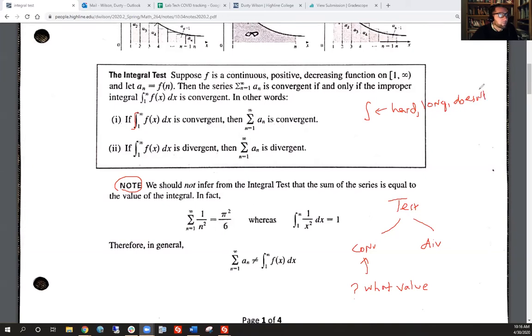And so I would say that this test is weak because it's dependent upon something that's hard, long, and doesn't always work. And I would prefer to not be dependent upon things that might not always work.